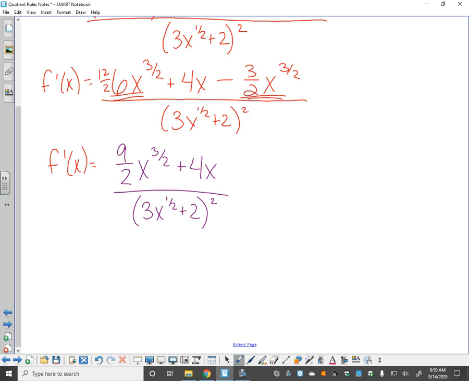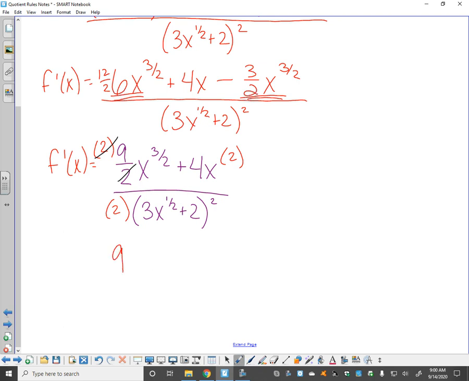When you have that little fraction, that 9 over 2, if you just take every term and multiply it by 2, so I'm going to multiply him by 2 and him by 2 and him by 2, every term. Well, these twos cancel.